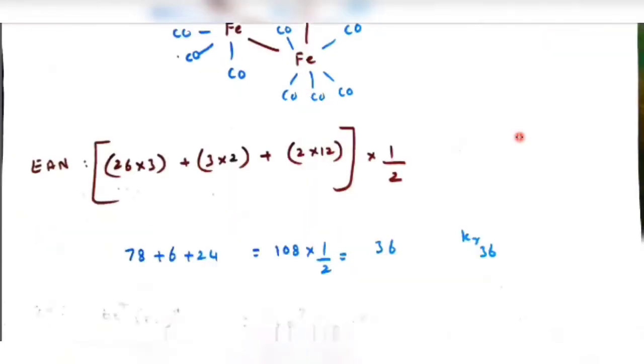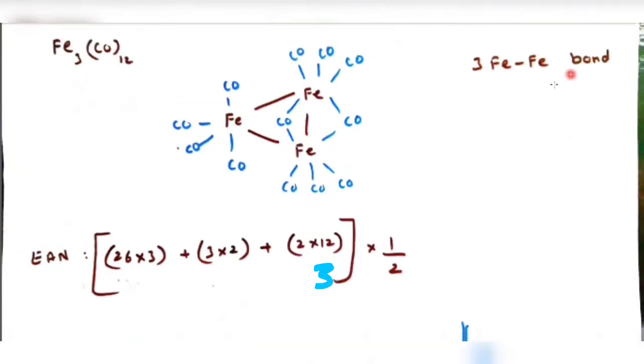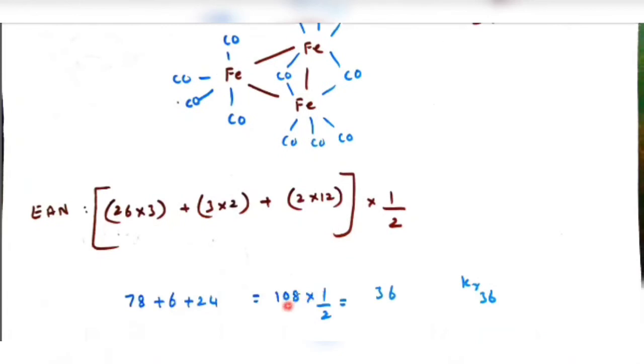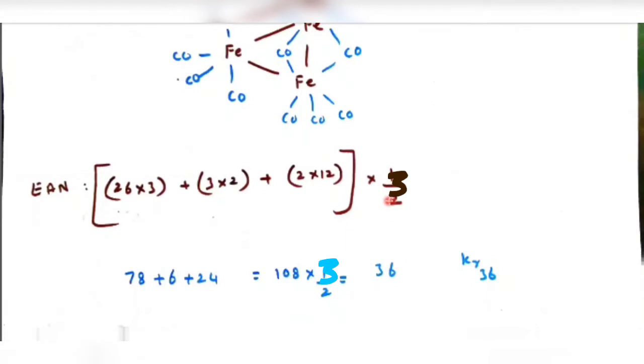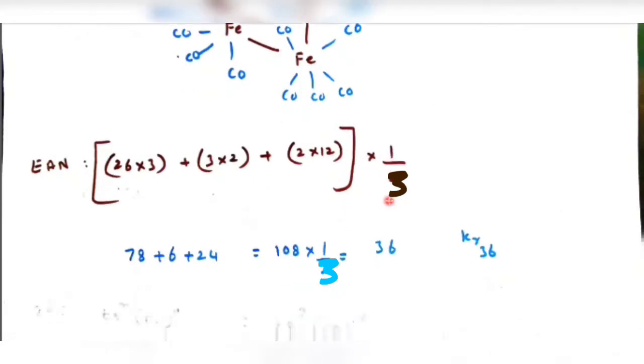This is a sigma bond. So now let us see: the atomic number of the central metal atom iron is 26. Here it has 3 Fe-Fe bonds, 1, 2, 3. So 3 into 2, with 2 electrons in each sigma bond. Plus 12 ligands are there, each one donating 2, so 2 into 12. So we are getting 108, multiplied by 1 by 3.